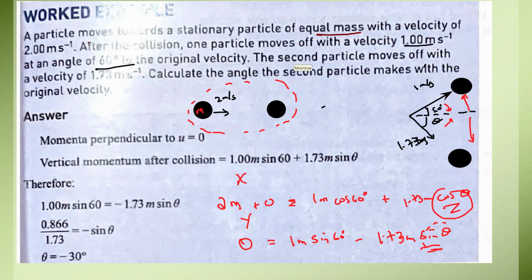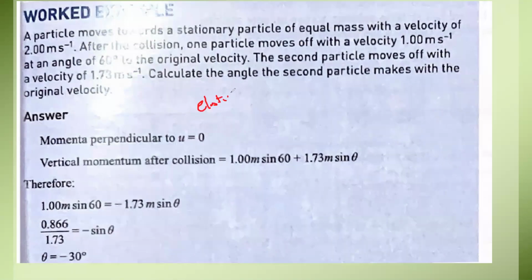Yes, we can directly know if the question mentions an elastic collision. For example, if one of the statements says the collision is elastic, then I will directly use it: if one of the angles is 60, what will the other angle be? Definitely it should be 30.